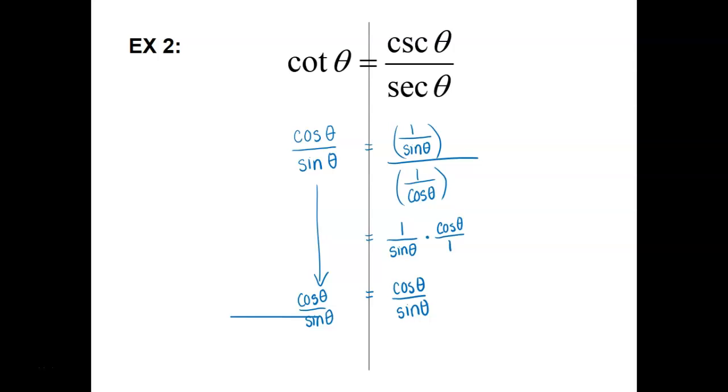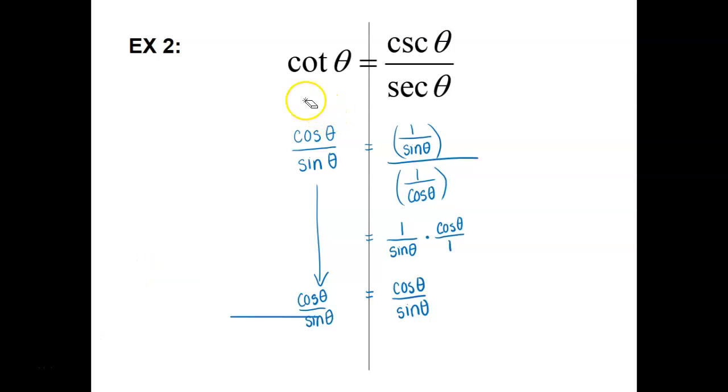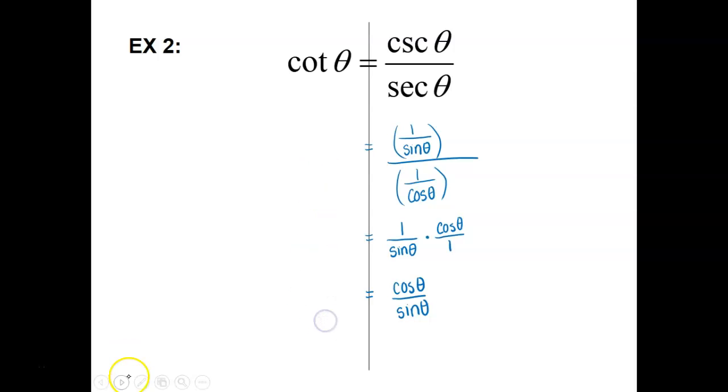Now, one thing about these problems is you may not do the problem exactly the same as somebody else in the class, but you might both be right. For example, somebody might decide they don't really want to work on both sides of this equation, so they might not do anything to that cotangent theta here.